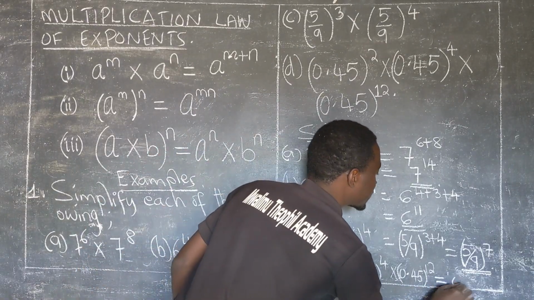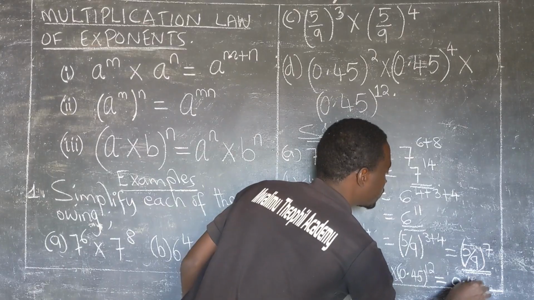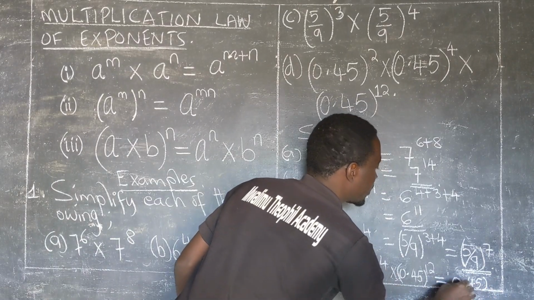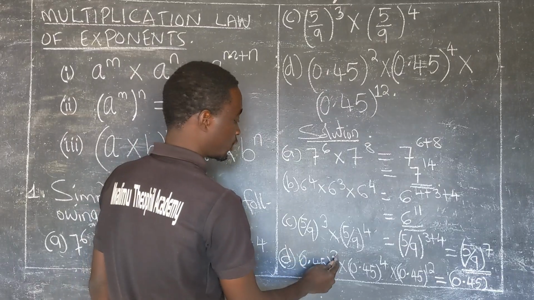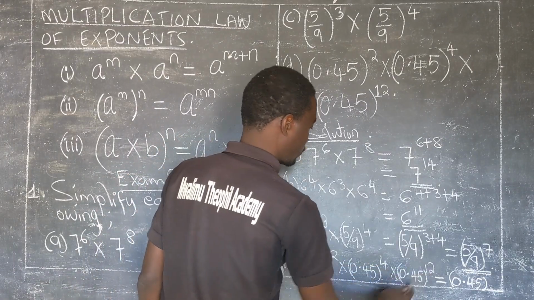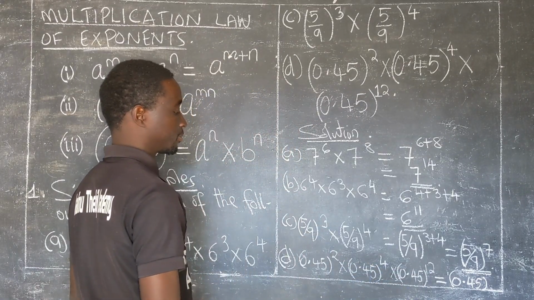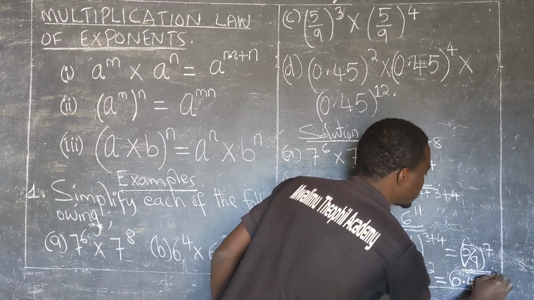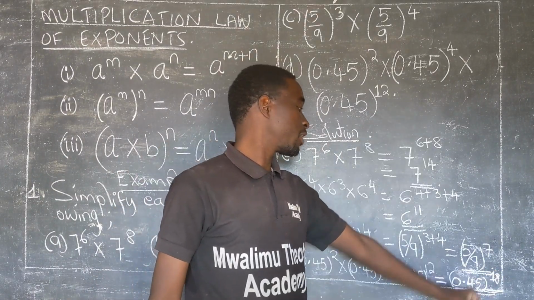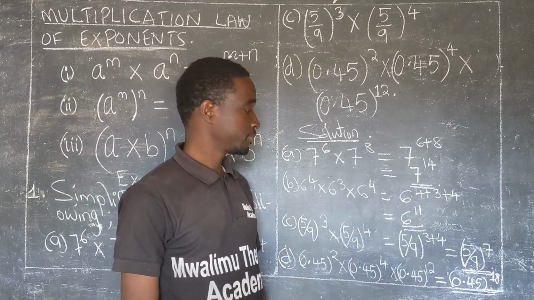Now we take a single base, 0.45, and we add the exponents: 2 plus 4 plus 12. We get 18. So the answer here becomes 0.45 raised to exponent 18.